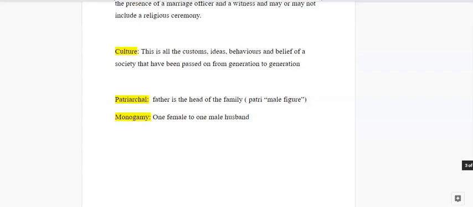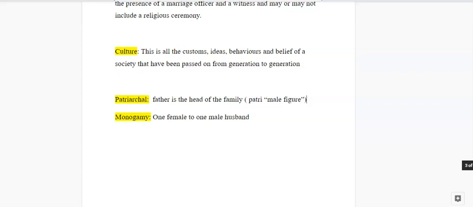And when you see the word patri, it means male figure. So in another lesson, we will be looking at some other terms with patri, and you will have an idea that it means male figure.